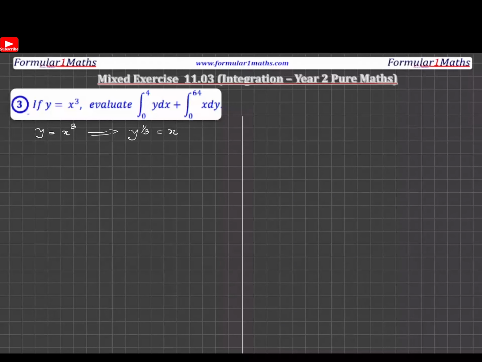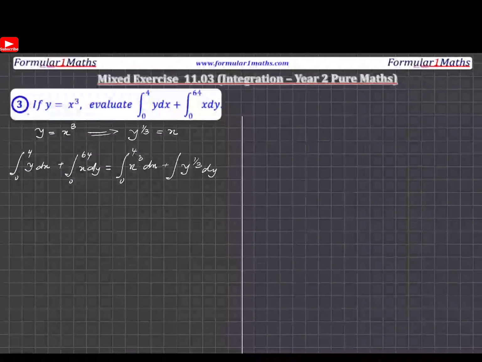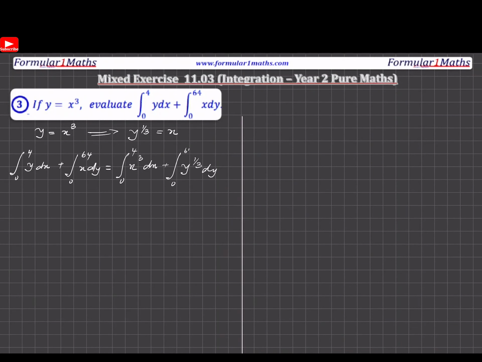So the integration we are required to do will be equal to the integral of x cubed dx from 0 to 4 plus the integral of y to the power 1/3 dy from 0 to 64.